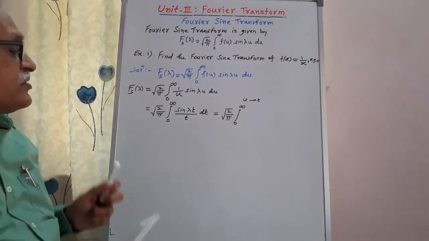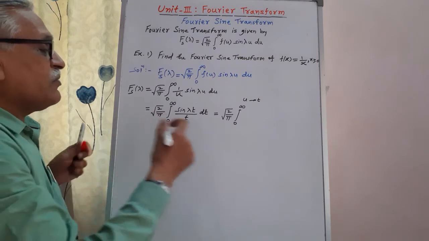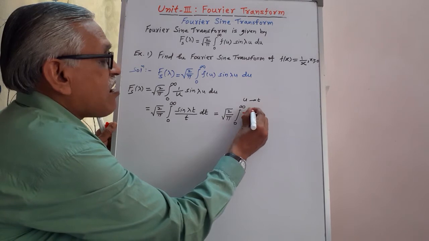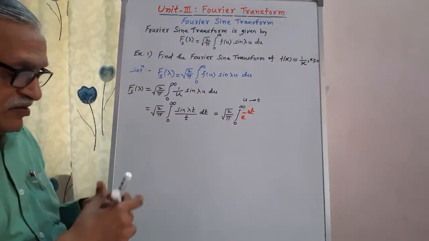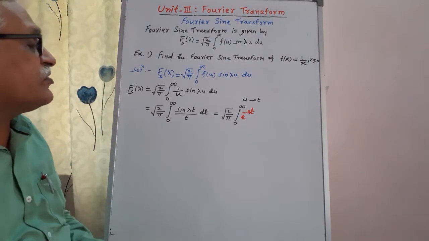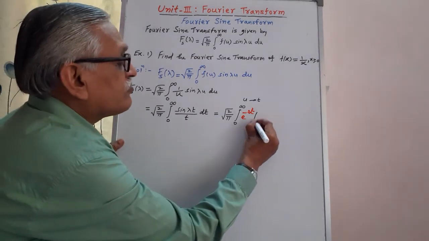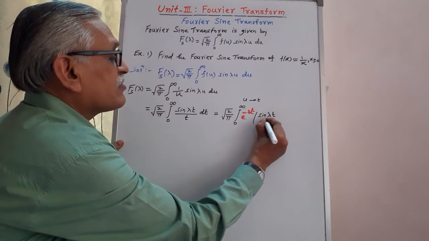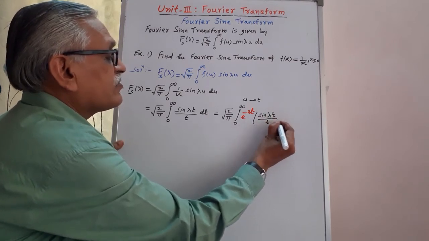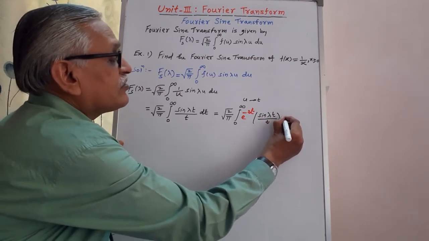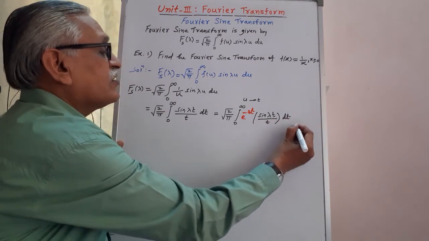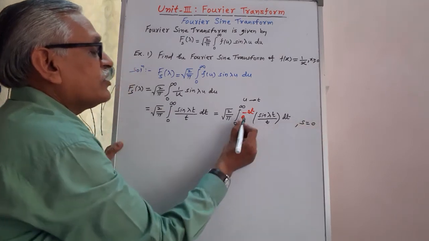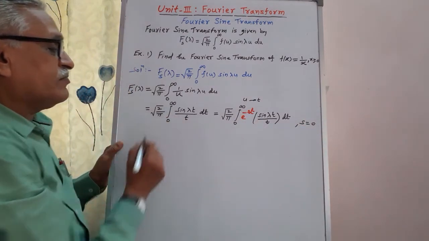We multiply this term by e raised to minus st, mentioning the value of s as 0, into sine of lambda t by t dt, where with s as 0, e raised to 0 we get 1.